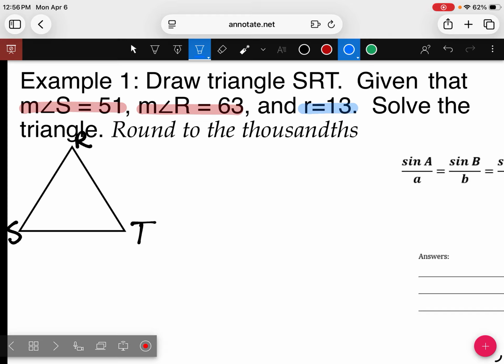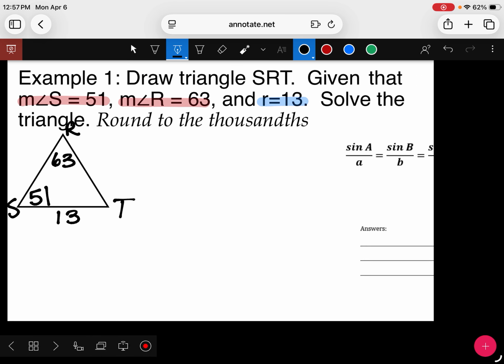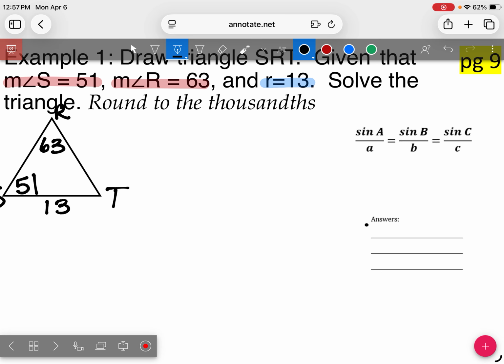So big S is 51. Big R is 63. And little r is 13. And we need to solve the triangle, which means I need to find big T, little t, and little s. That's what I need to find.